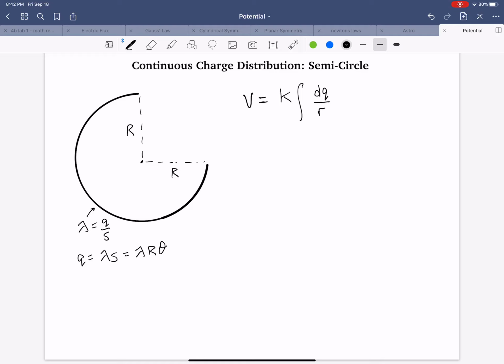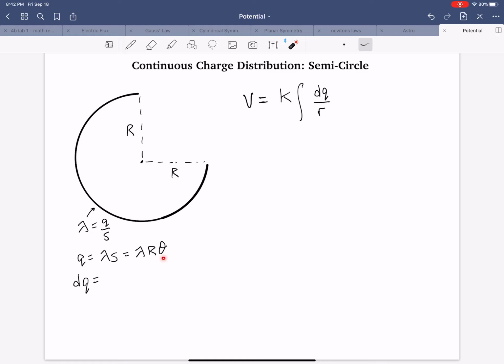So now we actually have a dq in our voltage equation, so we need to take the derivative of this charge with respect to whatever is changing. Is lambda changing? Well, no, in this case, I'm keeping it uniform to make our lives simple. The radius is staying constant.